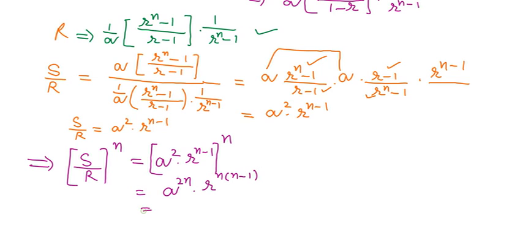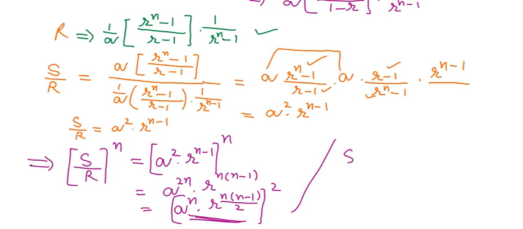This may be written as a raised to the power n into r raised to the power n minus 1 by 2, whole square. And this is the value of P. So finally you may write S upon R raised to the power n is equal to P square. This is what we had to show.